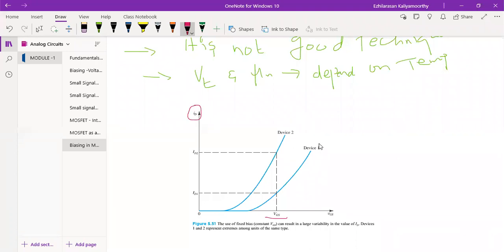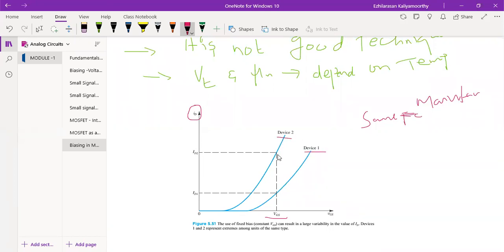Here you have two devices from the same manufacturer, the same company, with the same IC number: device 1 and device 2.